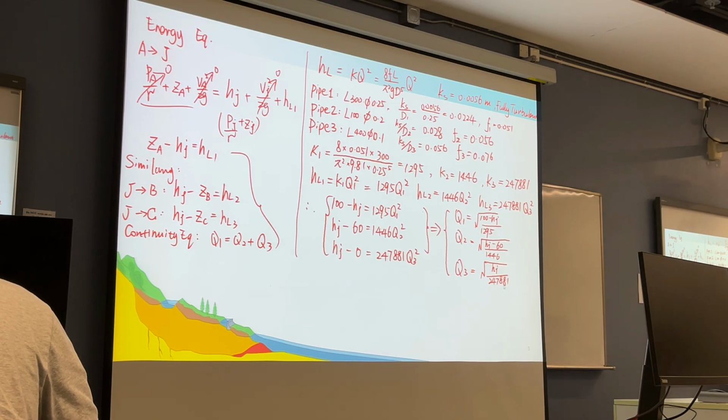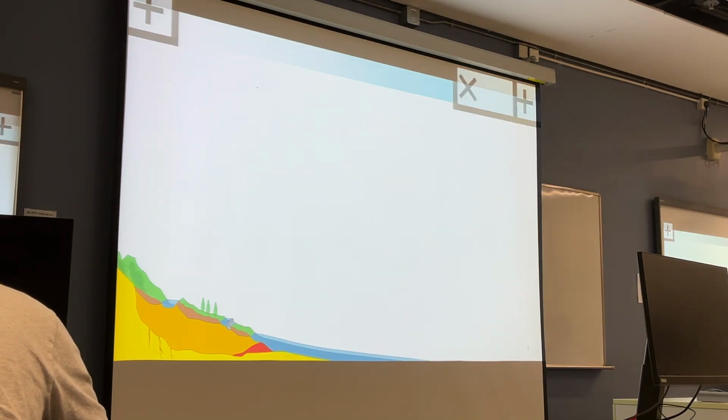So next we know that it is the continuity equation. Q1 is equal to Q2 plus Q3, or we say that Q1 subtract Q2 subtract Q3 is equal to 0.